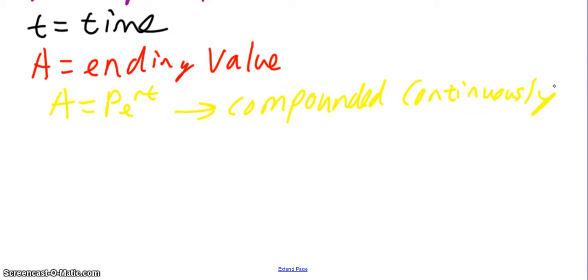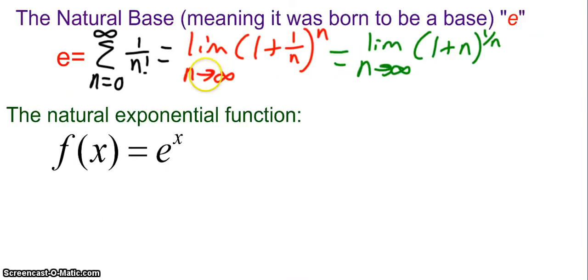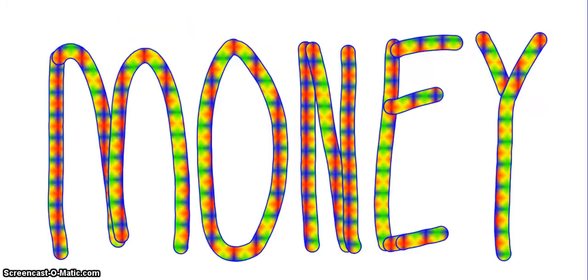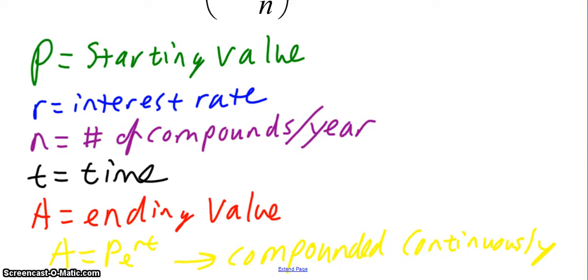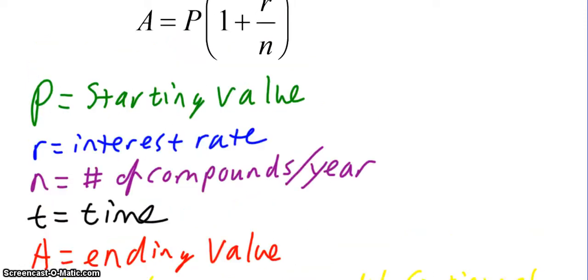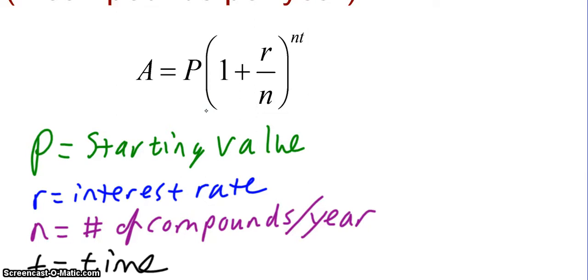Well, it's not possible to physically compound continuously, but it's an idea of a limit again, and it has to do with the definition of e. So remember, back here we can see a limit as n goes to infinity. That's one of the ways in which we can come up with e, and so that's why e is in this equation. Once we understand calculus, I can show this to you better. But for now, you're just going to have to trust me that for compounding continuously, we use A equals Pe to the rt. For any other amount of compounds per year, then we're going to use this equation. So you need to know both of those equations.